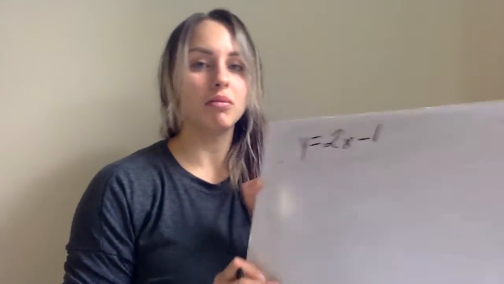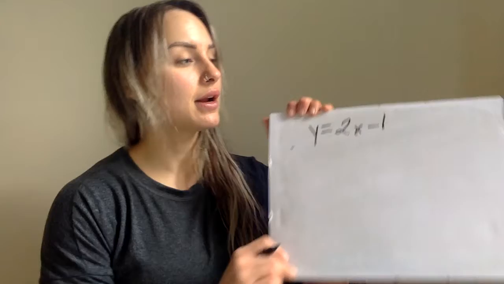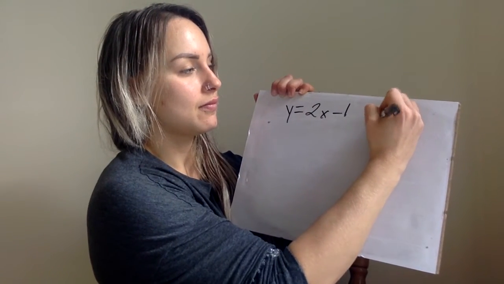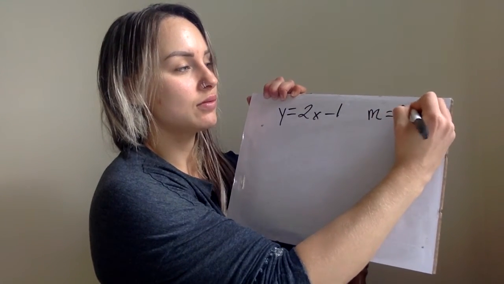Okay, so we're taking a look at y equals 2x minus 1. The one thing we need to know before is that our m also means rise over run.